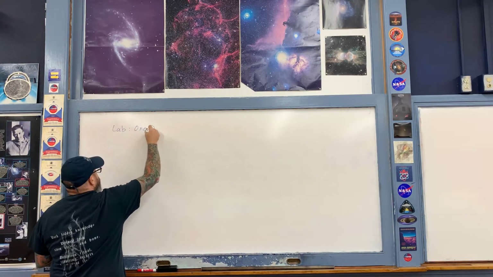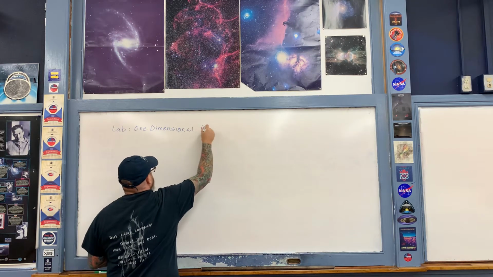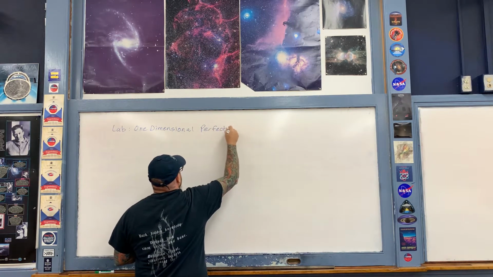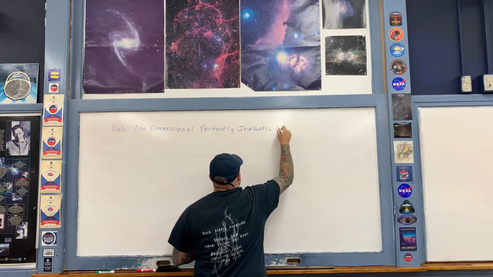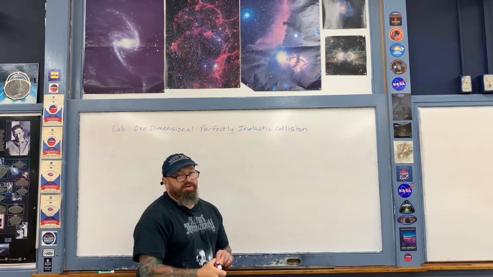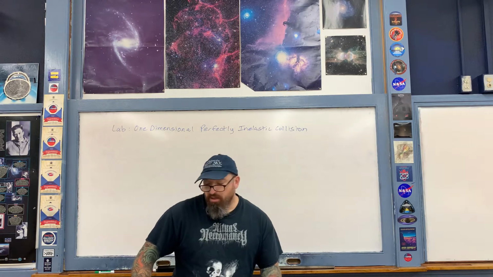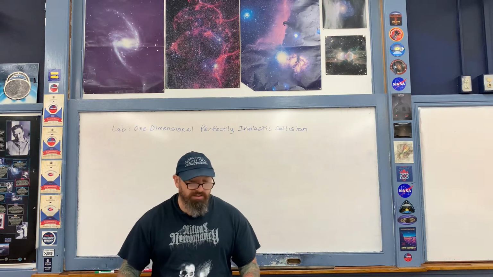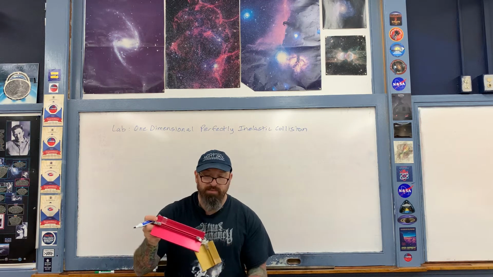Okay, so in this lab, we're taking a look at a one-dimensional, perfectly inelastic collision. Recall, of course, in a perfectly inelastic collision that the carts stick together after the collision. I'll be colliding air track carts together, and I will have them stick together by means of Velcro, for example, like so.